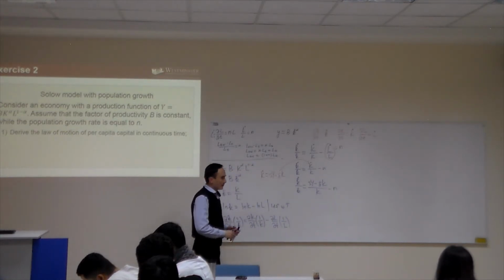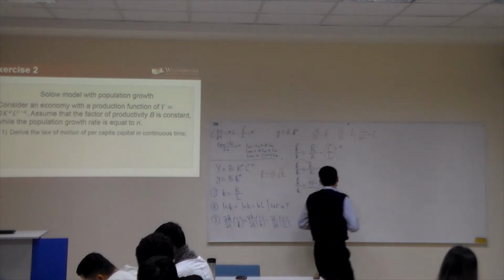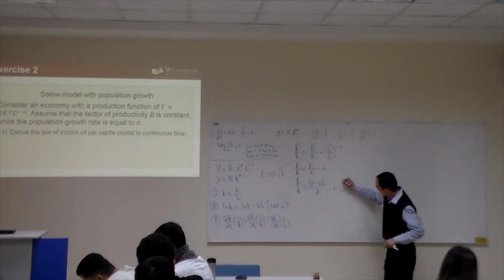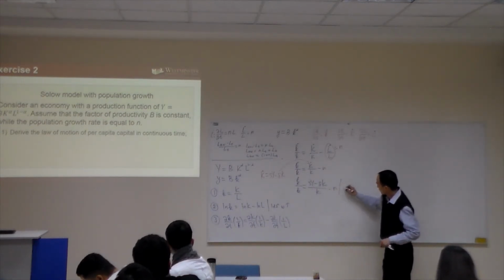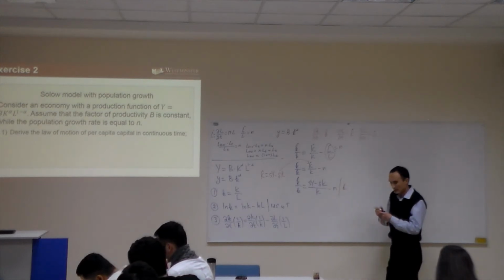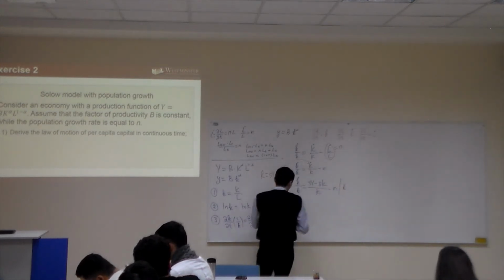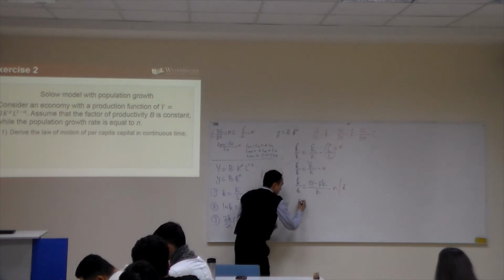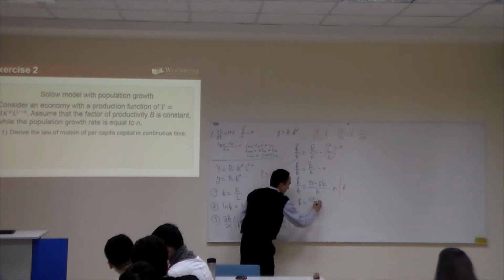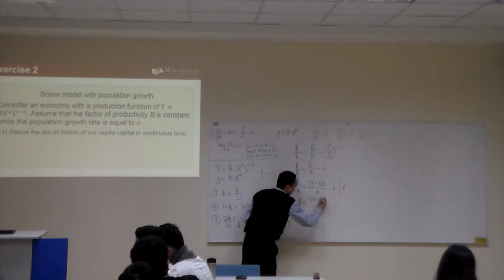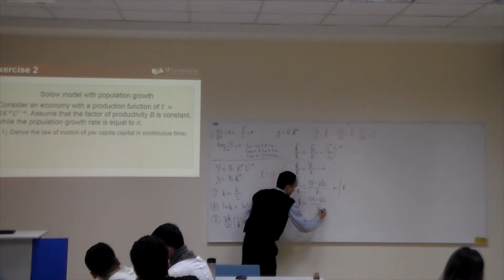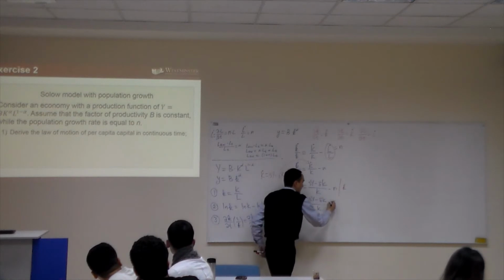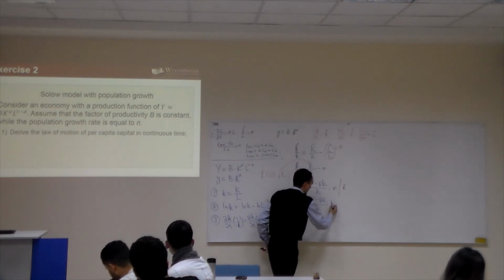Then at this step, we multiply both sides of the equation by per capita capital, which gives us the change in per capita capital is equal to investment minus depreciation of capital over capital times per capita capital.